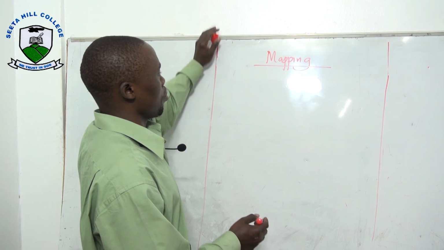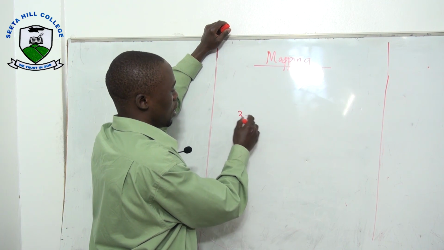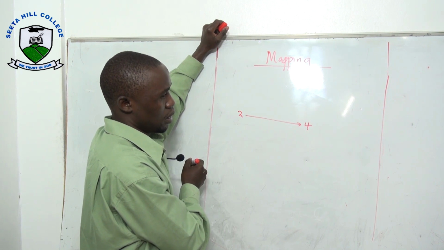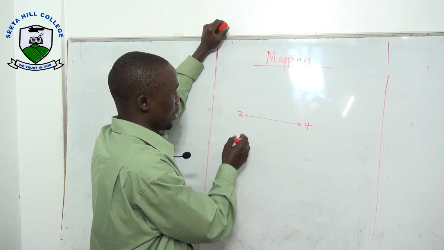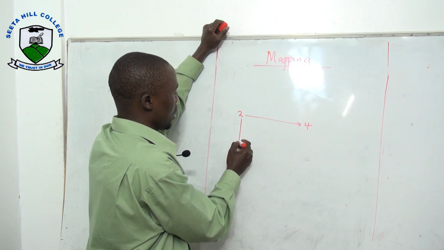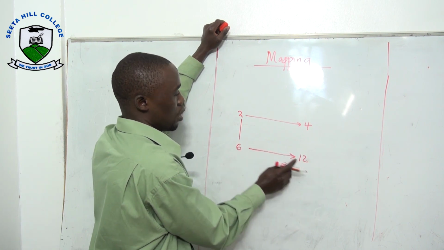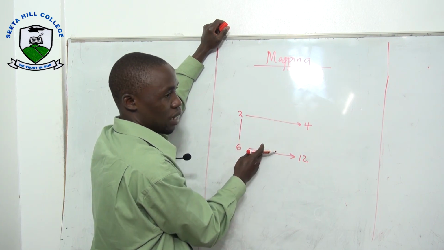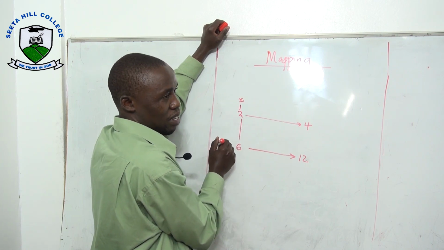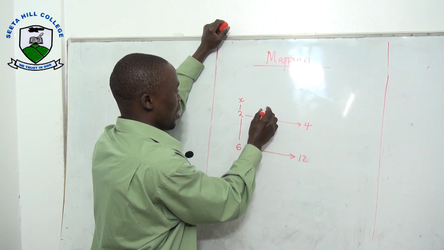Now, I want you to really be very, very attentive. We are saying 2 can be made 4. Which rule is that? It's like you have multiplied 2 by 2. Now, 6 can also be made 12. The same rule that we are applying here can work here. If I call the 2 x, what am I doing to x to get 4? Am I saying plus 2?